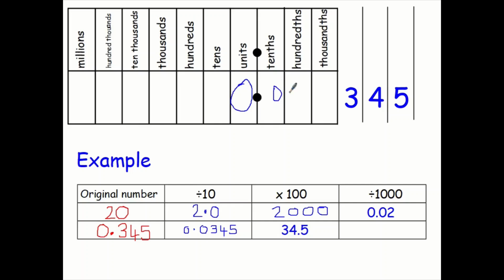Oh, my zeros are not great today. 2, 3. So lots of zeros there. 0.0000345. And there we have it.